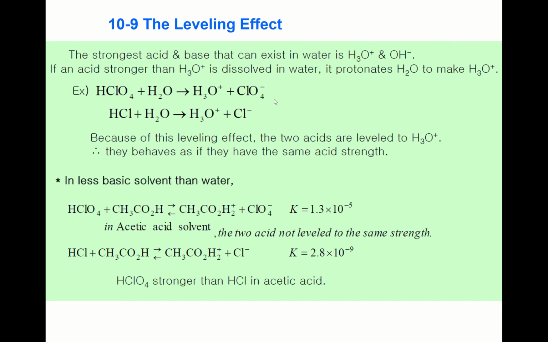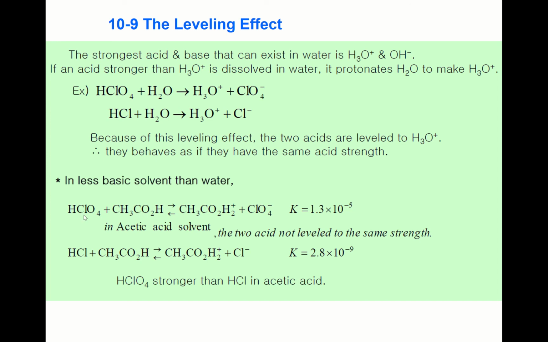Since you are mostly working in aqueous solution, these strong acids, perchloric acid and hydrochloric acid, are all very strong, so it is difficult to differentiate which one is stronger. But if we use a solvent other than water, then this acidity can be differentiated, like in acetic acid.